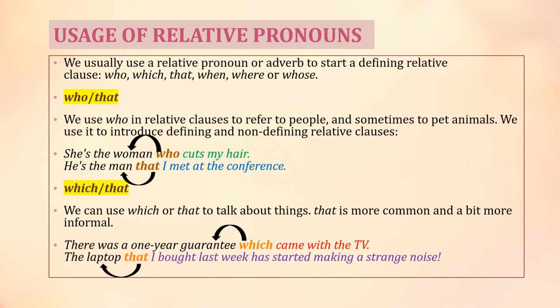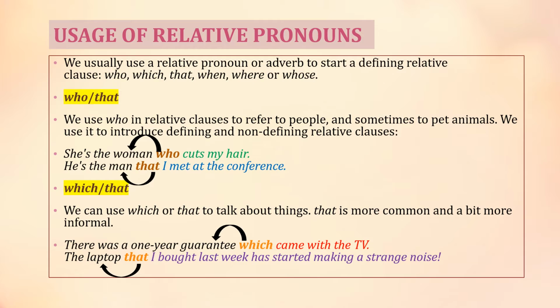Which or that, we can use to speak about things. Like, there was a 1 year guarantee which came with the TV. Here which is speaking about the guarantee card. The laptop that I bought last week has started making a strange noise.